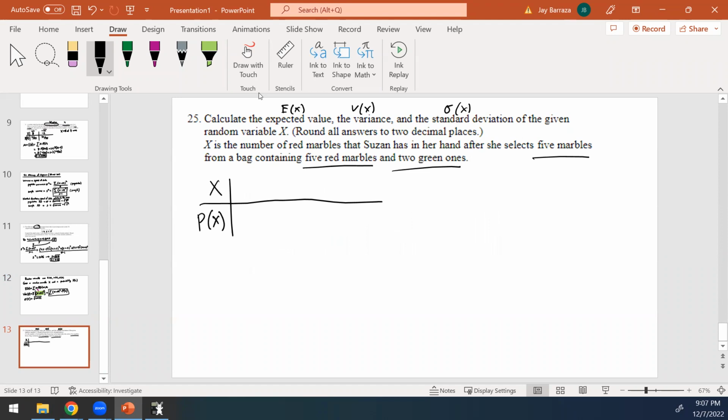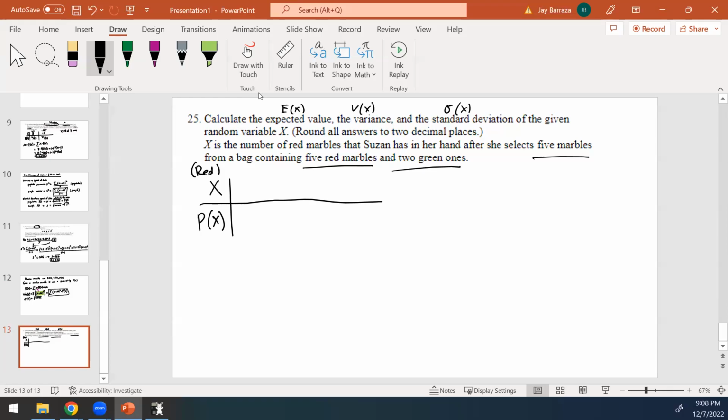My question to you is, if you have 5 marbles in your hand, what is the least amount of red marbles that you can hold? Is it possible for you to hold 1 marble in your hand that's red? No, because there's only 2 green, right? So what is the smallest number of red marbles you can hold in your hand?